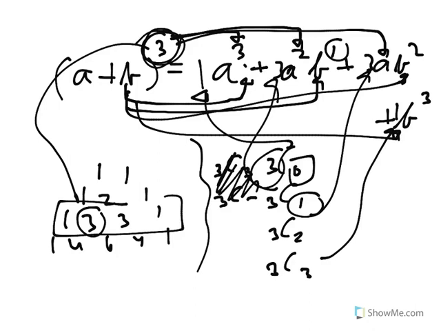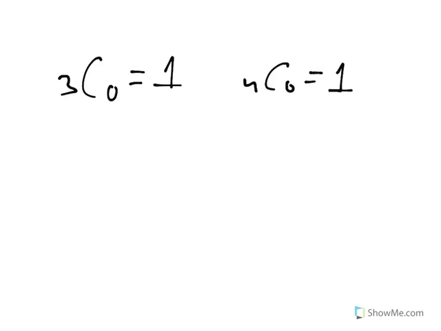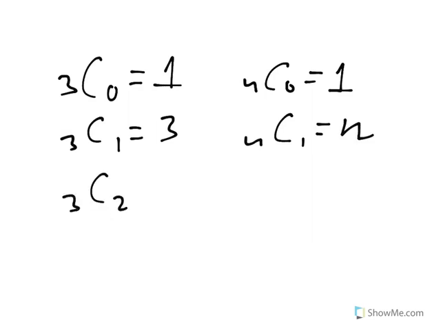Now, looking at these first three terms, I just want to examine for a second 3C0, 3C1, 3C2, and 3C3. In general, anything C0 is 1, so I'm just going to write nC0 is always equal to 1. And 3C1 is equal to 3, and in general nC1 is equal to n. But it gets a little more confusing here with 3C2, which is also 3, but it's a little more complicated.